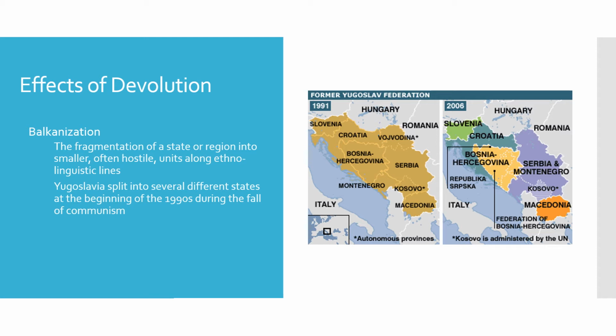So again, devolution can happen without a country breaking up. But if you balkanize, we can draw new lines on the map, and we can be sure the devolution has happened. And usually those lines are drawn based on ethno-linguistic lines.